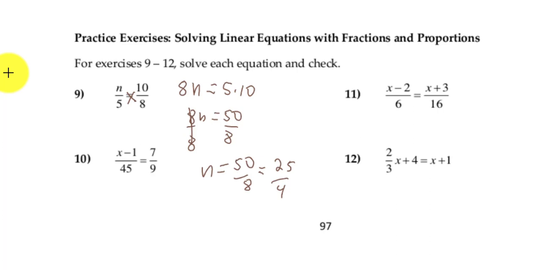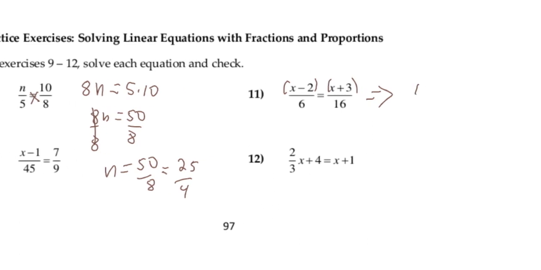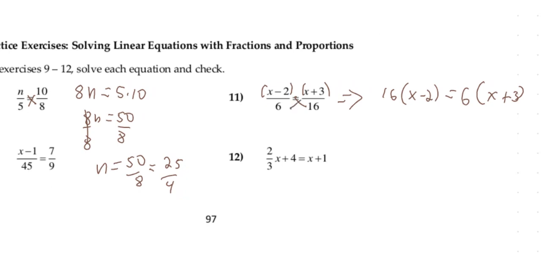Okay, if you take a look at number 11, right, I'm going to put the parentheses in, and when I cross multiply, I get 16 times x minus 2, right, that's this piece, equals 6 times x plus 3, right, that's this piece, and then distribute the 16. Right, you get 16x minus 32. Distribute the 6.